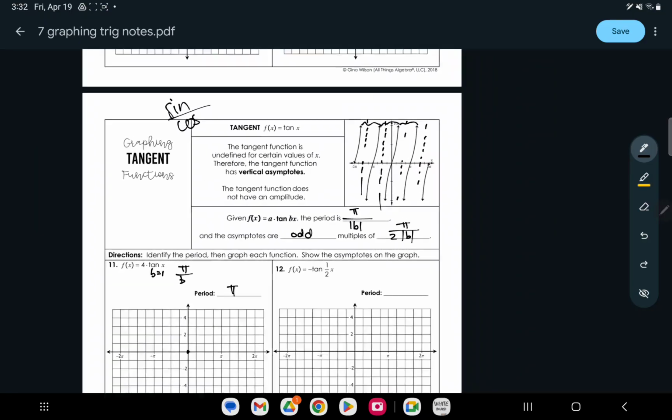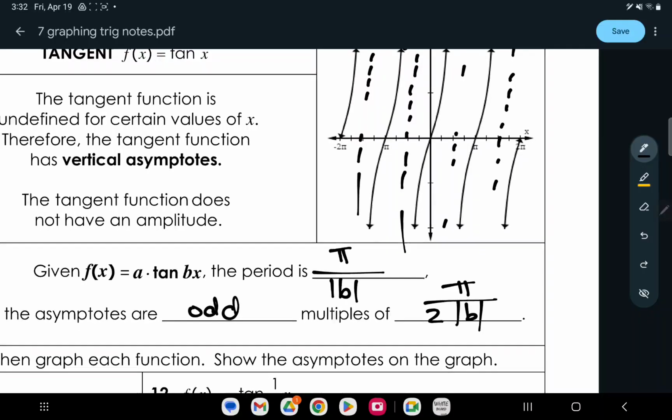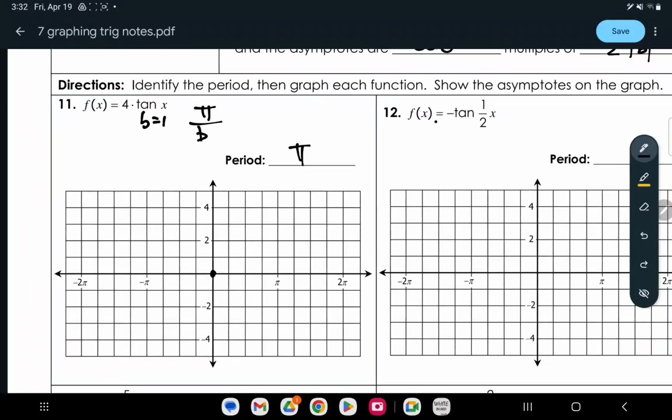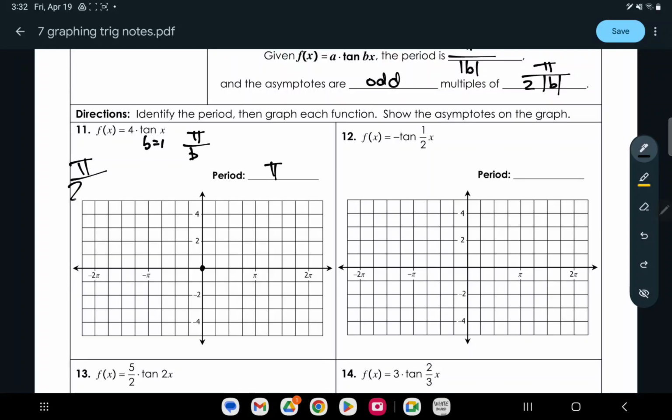So I'm trying to figure out how it does the asymptote. Oh my gosh, at multiples of pi over 2b, which was 1. So multiples of pi over 2. So pi over 2 is here. So that has an asymptote there. So okay, asymptote here. And same on the other side. But it's going to look something like this. Which means it's going to look something like that.